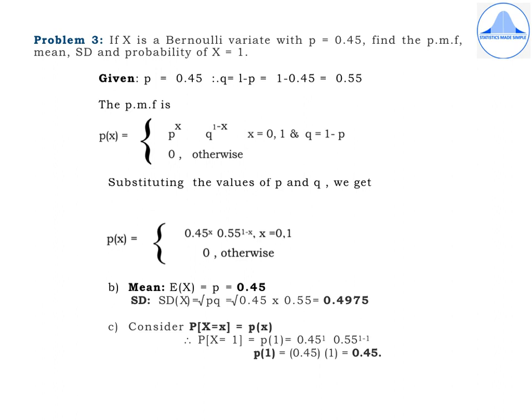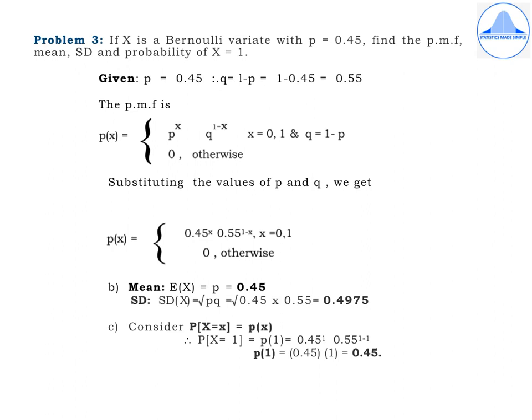Now the last part of the question is to find the probability of x equal to 1. So start with the general probability formula. P of capital X equal to small x is equal to p of x. Now wherever you have small x, replace it by the value 1. So you get P of X equal to 1 is equal to p of 1.